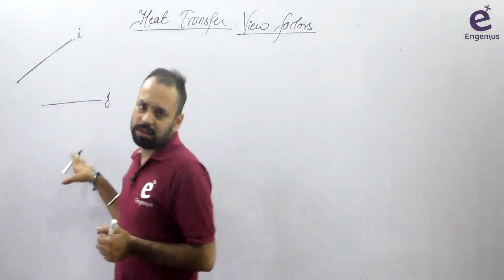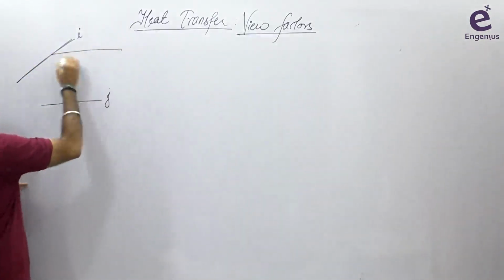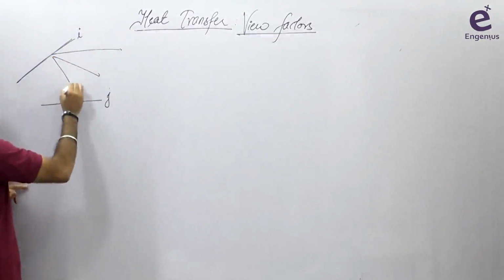Suppose we have I and J surfaces, right? Now you know that this is a diffuse surface. It is going to emit radiation in all the directions, right?